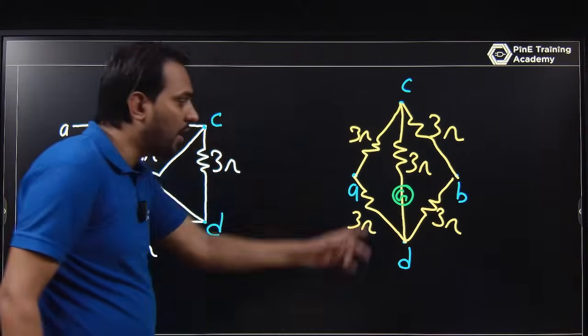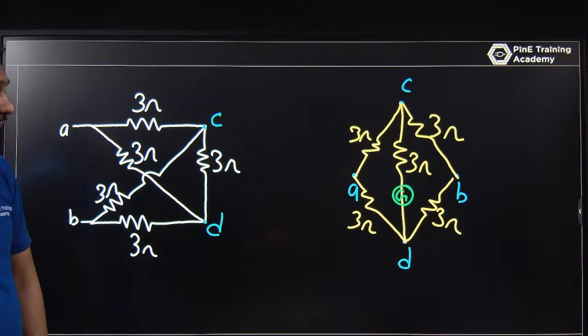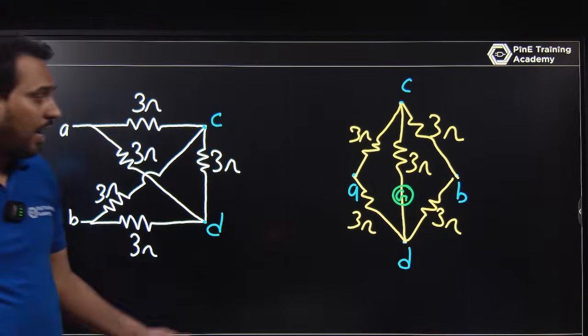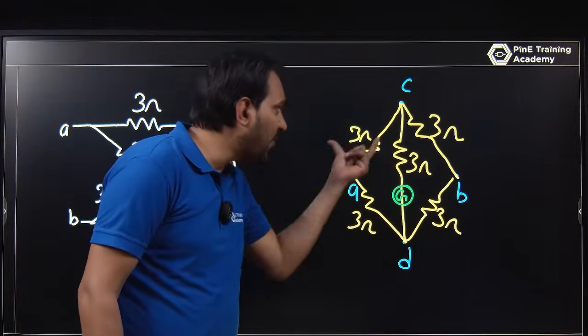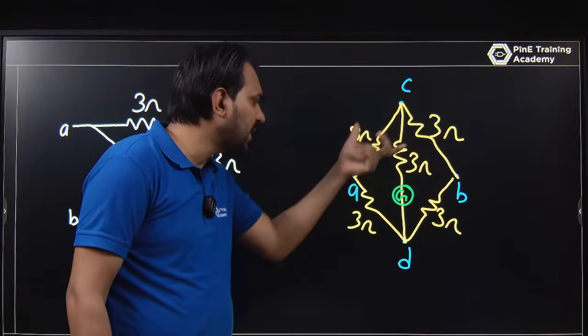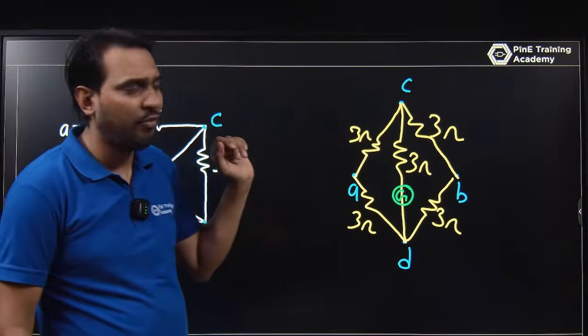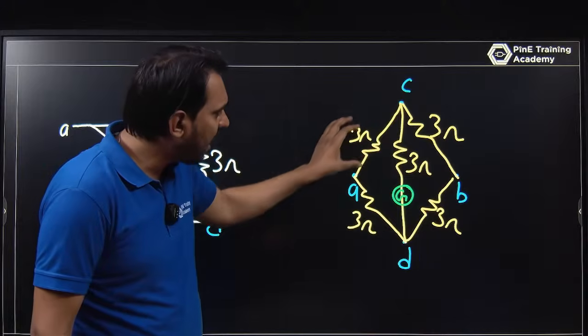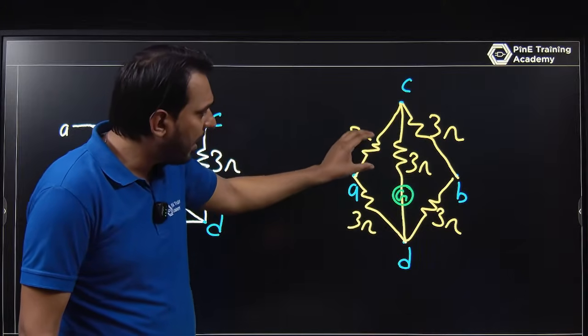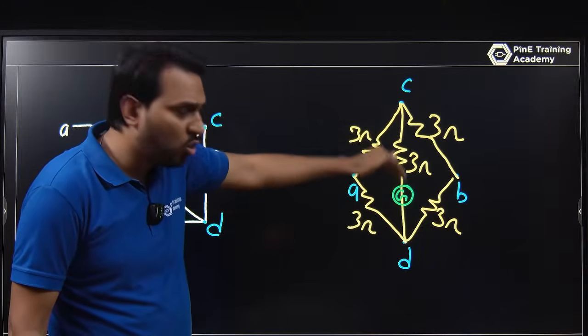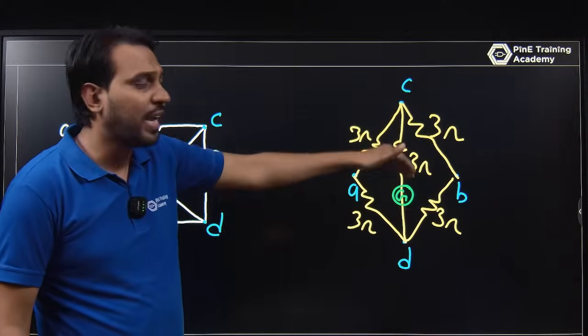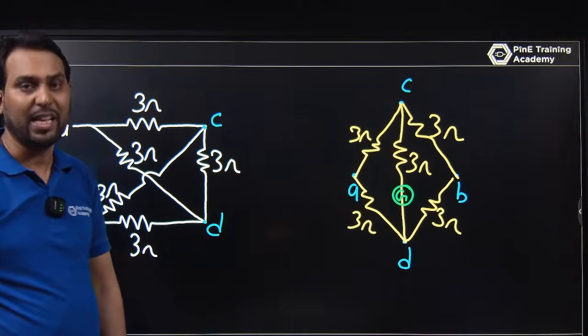We use that meter, the galvanometer, and adjust any value, in terms of AB or AC. Let's say we have AC and we don't know its value. If the current is 0 through this branch, I can say that this bridge is balanced.